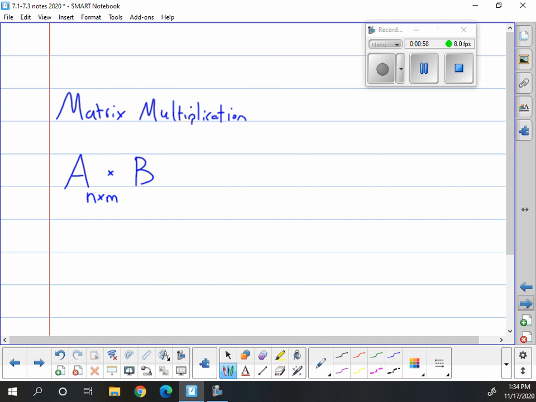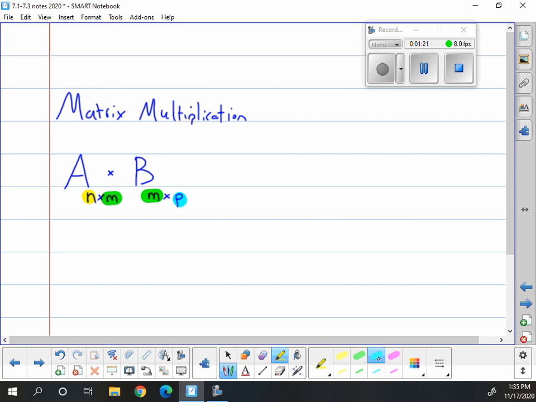In order to multiply it times matrix B, the columns from the first matrix have to be the same as the rows in the second matrix. Again, these two numbers, the columns from here and the rows from here, must match. These two can be different.